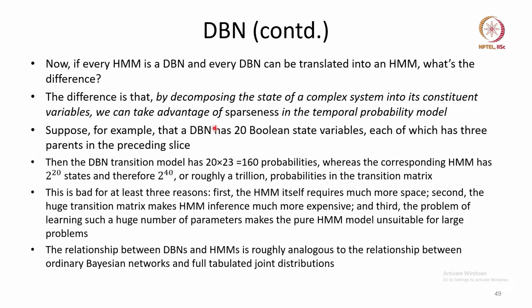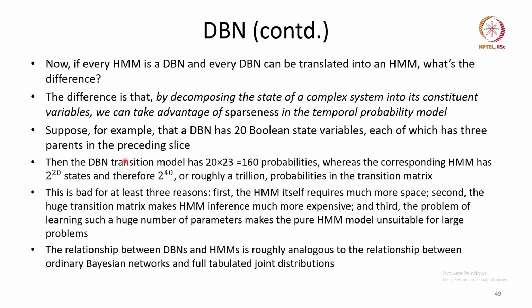Why do we need a DBN basically? Just like we argued in the case of the belief network, where the complete joint distribution needed much more work to be done than using the Bayesian network, similarly here, the HMM requires a lot more work than the DBN.